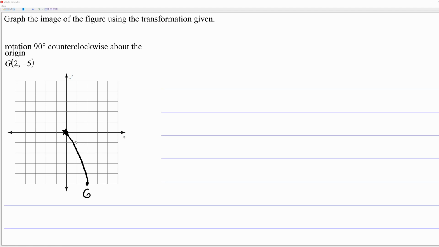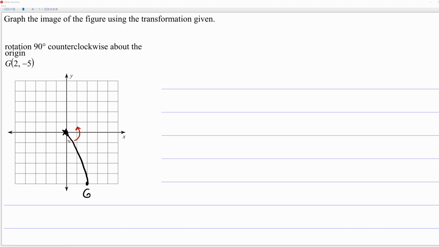So I have to imagine this point rotating in this direction, which is why I said that not everybody's able to imagine this in their heads perfectly. Like I said, I'm definitely not. I'm not very good at picturing these sort of things in my head. So if you're not all that great at picturing this in your head, all you probably can see is, well, if I rotate 90 degrees, that means I have to make a right angle.